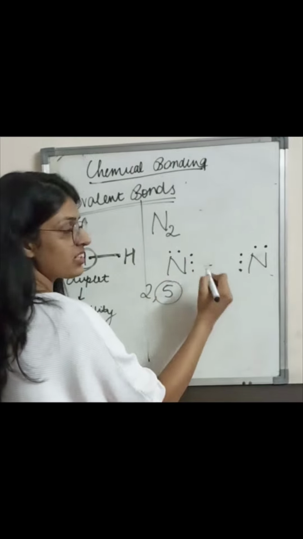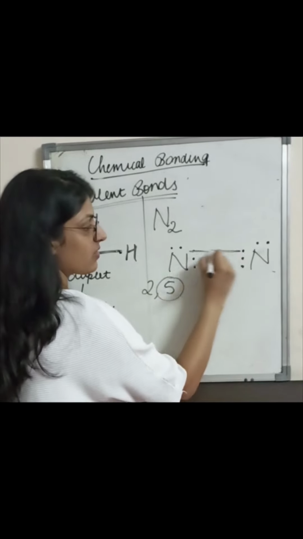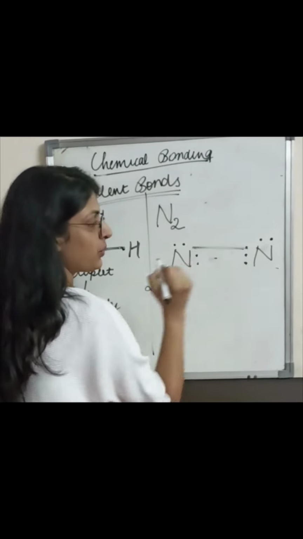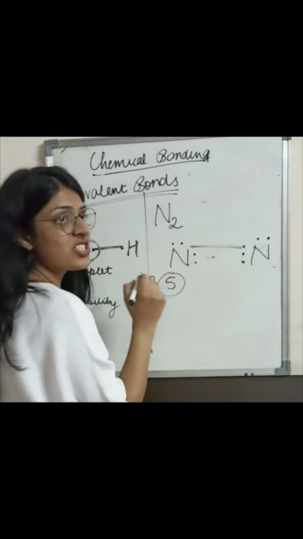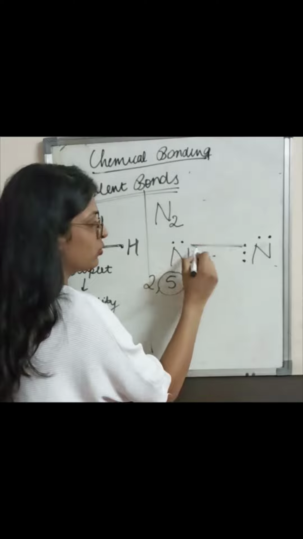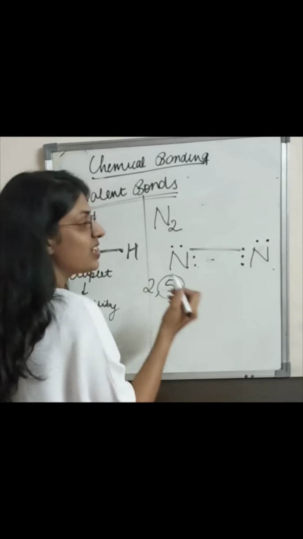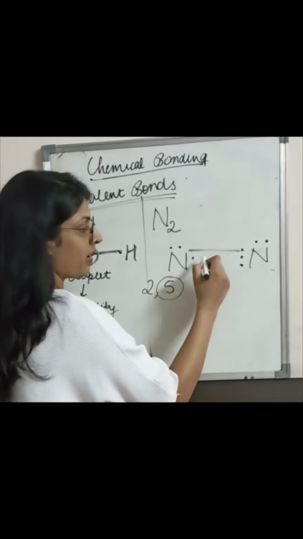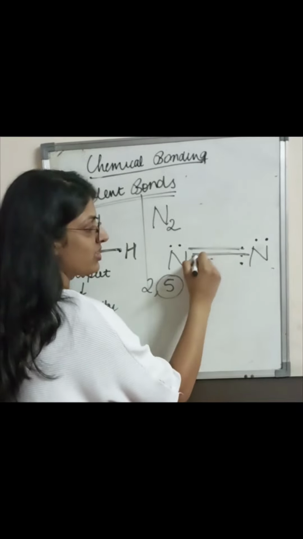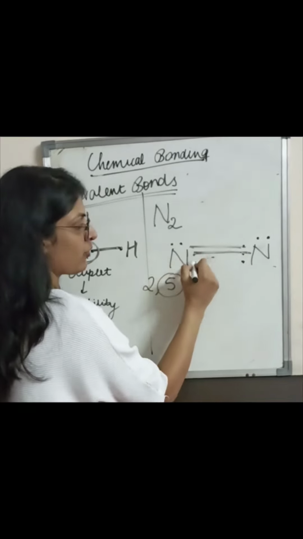First, this electron pair will be shared between the two nitrogens. Now we check the electrons: 1, 2, 3, 4, 5, 6. Still the octet is not complete, so we will take another electron pair also. Now we check: 1, 2, 3, 4, 5, 6, 7.